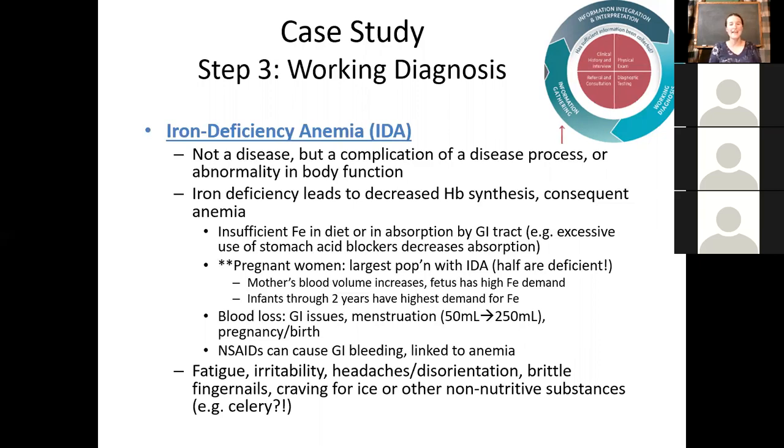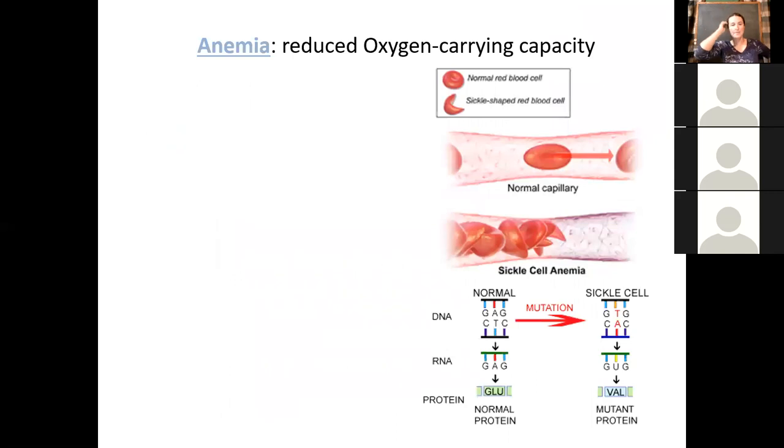Interestingly, IDA is also linked to craving ice or other non-nutritive substances, such as celery, right? So if you are craving, you know, just munching on ice, or celery is nice and crunchy, but you're not actually getting a lot of calories out of it, maybe you have an iron deficiency. Okay.